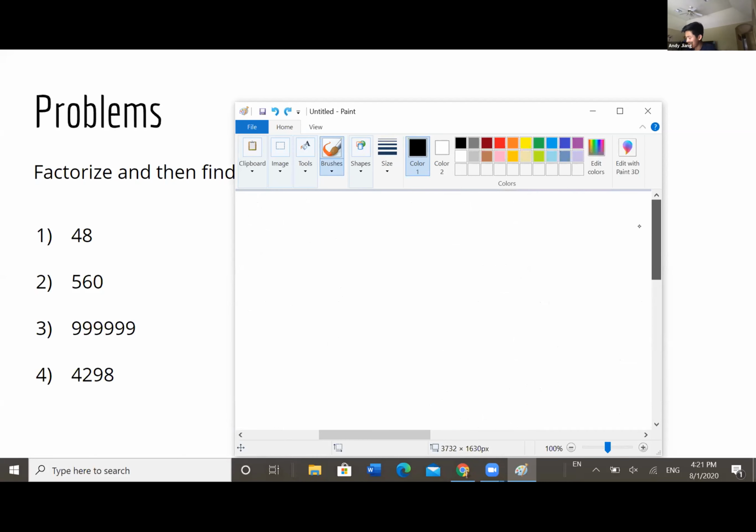All right, and the last one, 4298. I can recognize the 7 in here because 42 is divisible by 7. 98 is divisible by 7. And there's definitely a 2 in there.